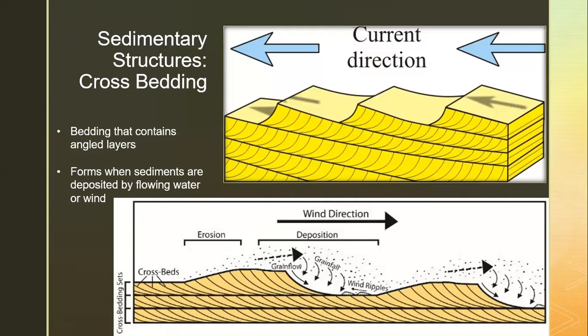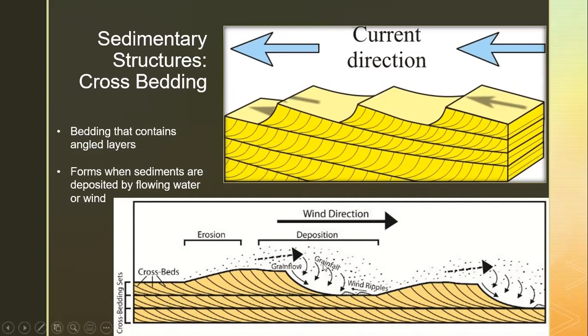So you get those defined layers, but now you're getting them at an angle, if you will. They're deposited at angles. And usually cross-bedding is formed from flowing water or wind. Wind can actually produce cross-bedding.